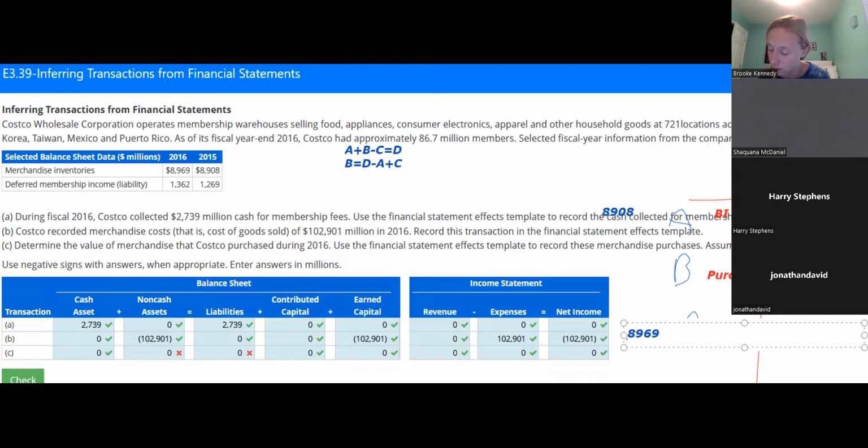And we determined our cost of goods sold was what? 102,901. So if we can work this through, can someone take 8969 minus 8908 plus 102,901 for me and give me an answer, please?